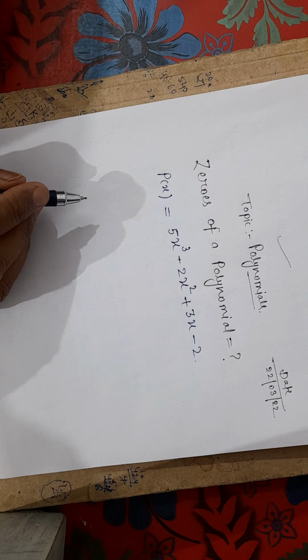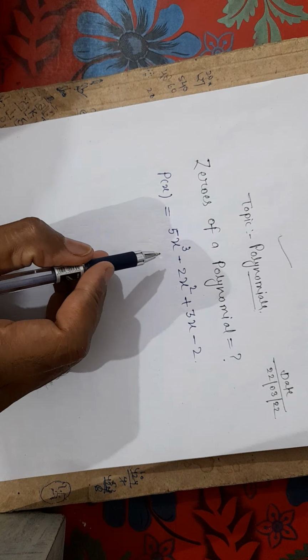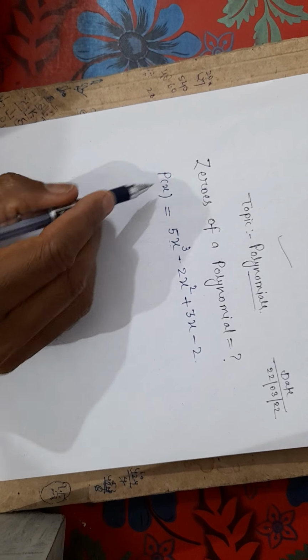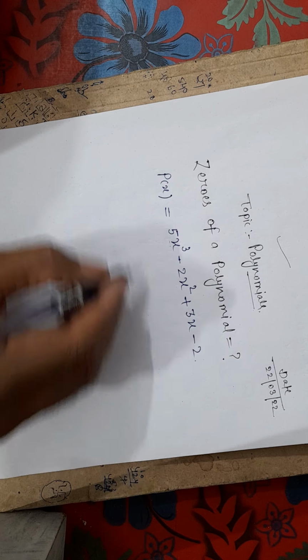If we replace x by 1 everywhere in p(x), then what is the result we get? Let's do that.